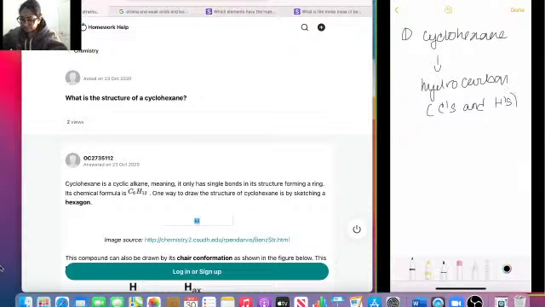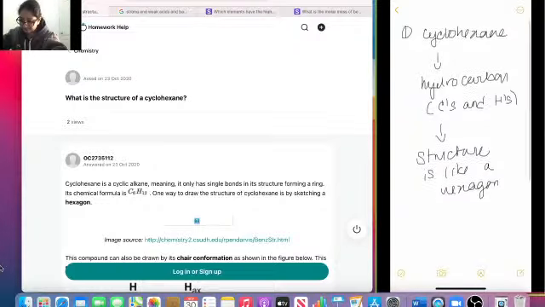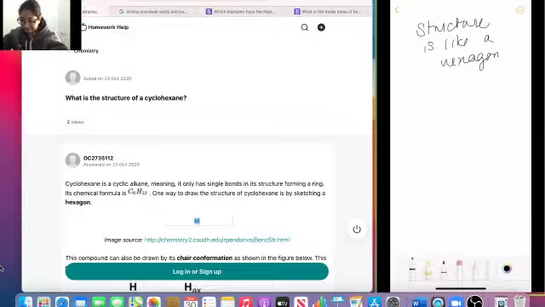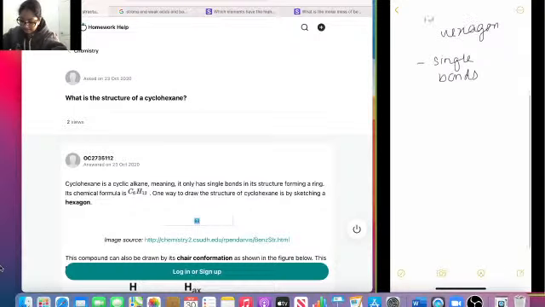Since it says cyclohexane, its structure is like a hexagon. And since it's a hexane, not a hexene or hexyne, it has single bonds. You can say this is kind of like a ring.